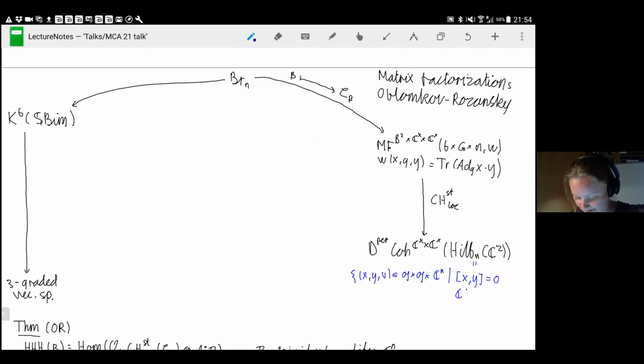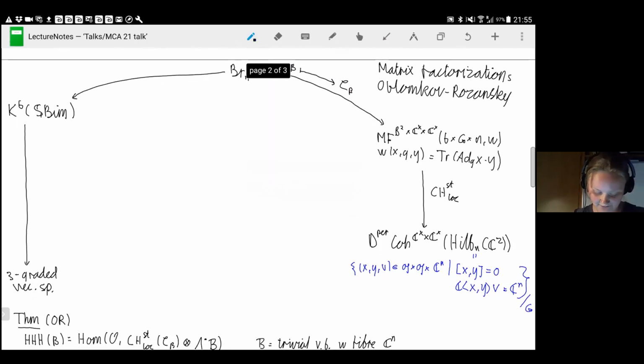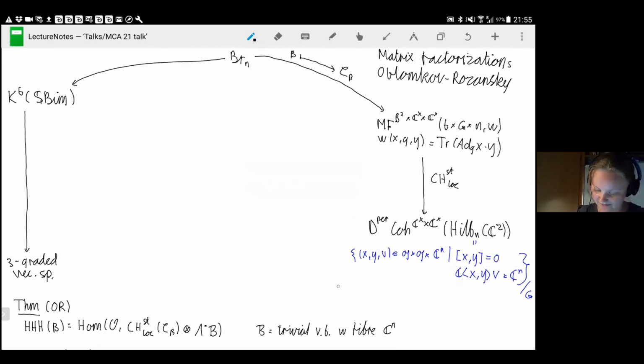Then I require that if I take any combination of these X's and Y's and apply it to my vector, I should be able to produce all of Cn. And then I mod out by G.